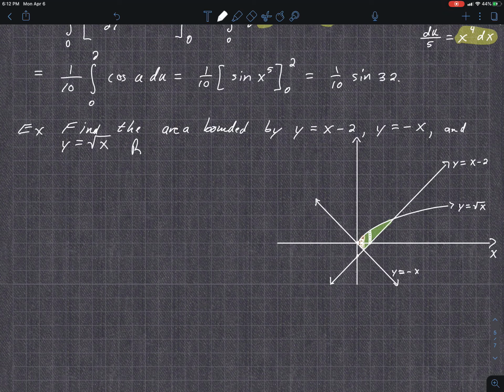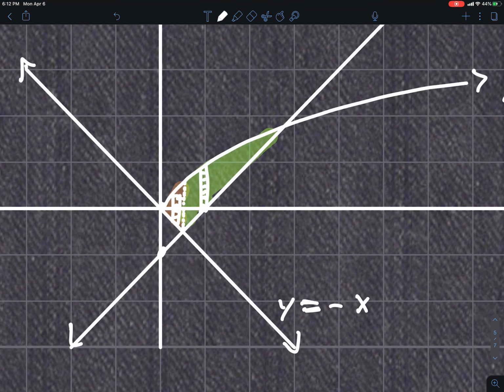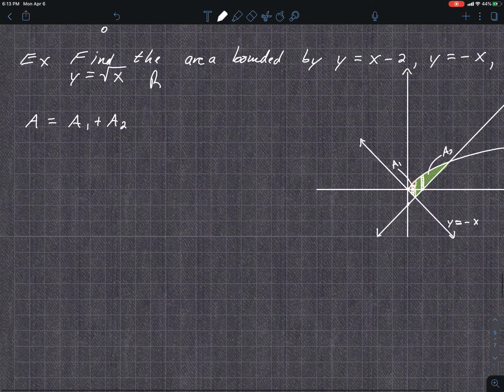That's what we're going to have to do. Area then is equal to area 1 plus area 2. So this is my area 1, here, and this will be my area 2.